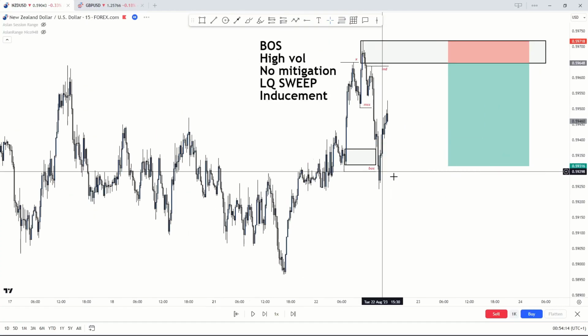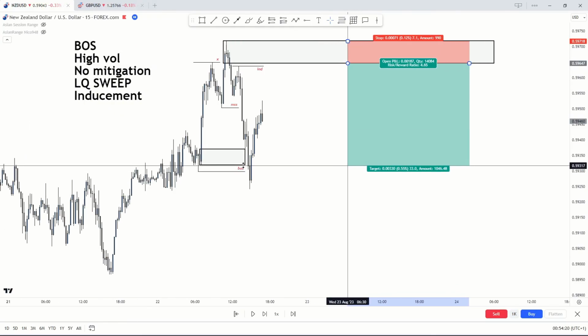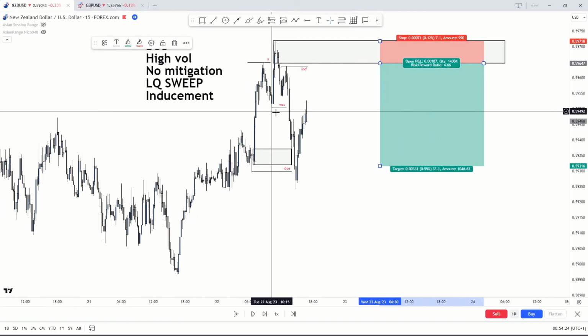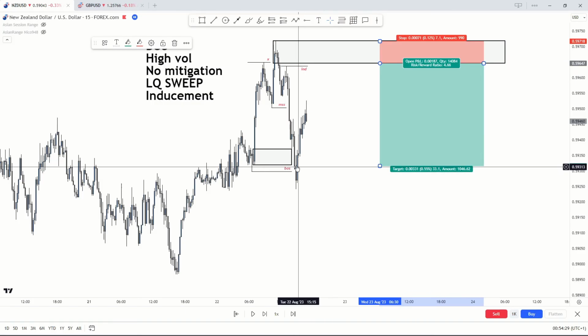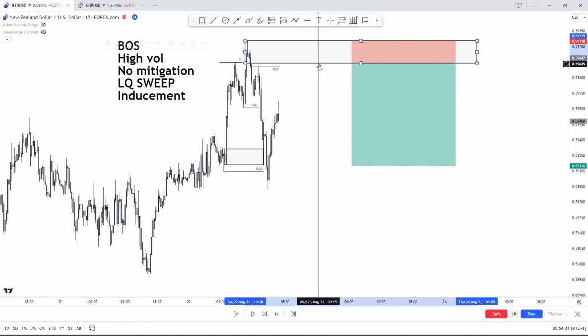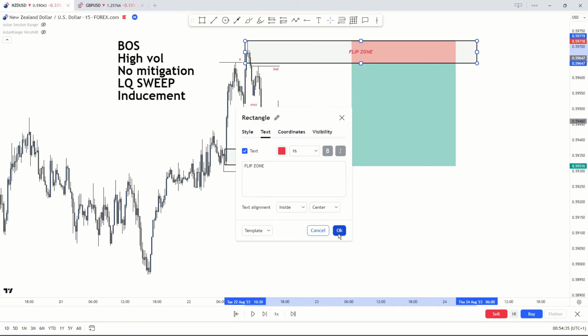So yeah, guys, let's see how it went. Just play this market out. Take profits are going at this opposing level of demand because, like I said, I wasn't clear about the direction, so we could have either been bullish or bearish, so I have to be cautious in case price respects this level of demand. Oh yeah, another thing I forgot to mention is this is actually a flip zone. Why is this a flip zone?